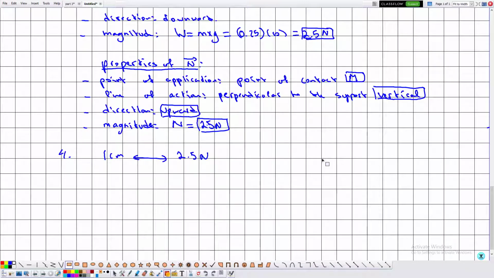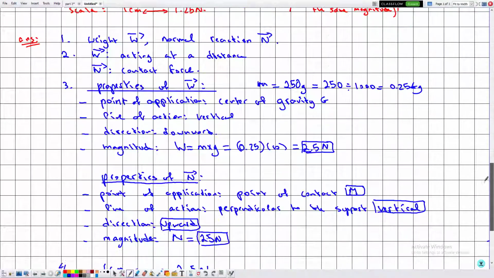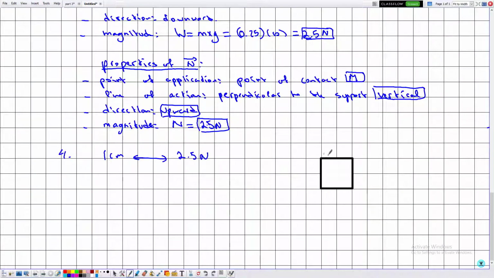First of all, in order to redraw, we need to consider the solid S. No need to draw the table again, it's just enough to represent the solid. So this is the point G, and this is the point M.